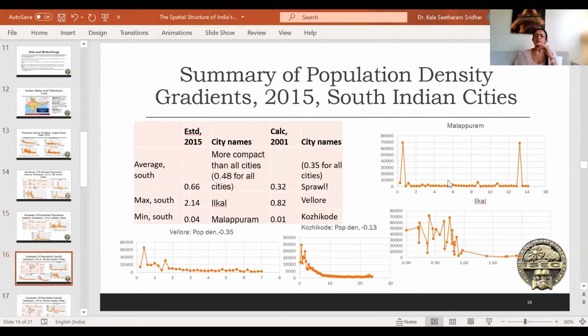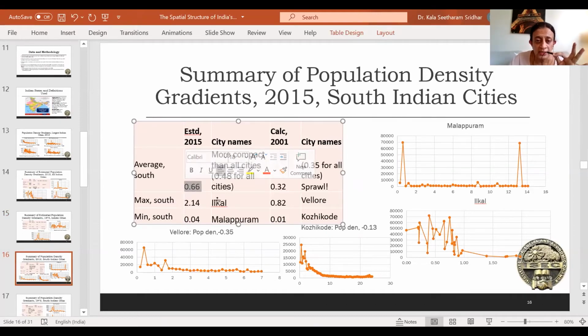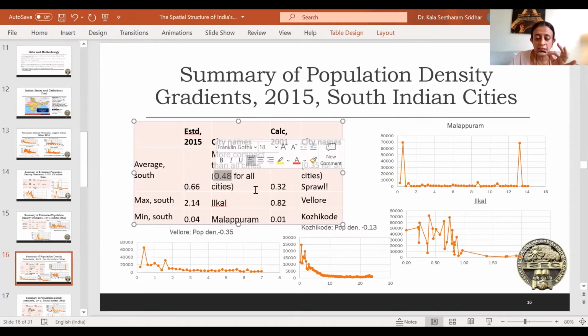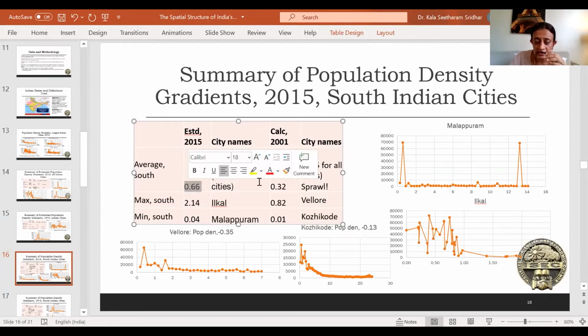So now, a summary of population density gradients for 2015, South Indian cities. What happens when we examine these things for South Indian cities is that I find they are a lot more compact, a lot more centralized, because the absolute value of the population density gradient was 0.48 for all Indian cities, whereas for South Indian cities it is 0.66, which is significantly higher.